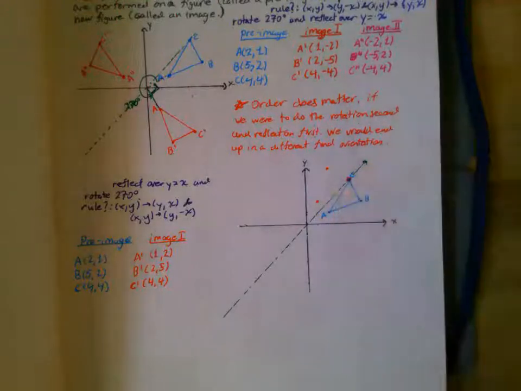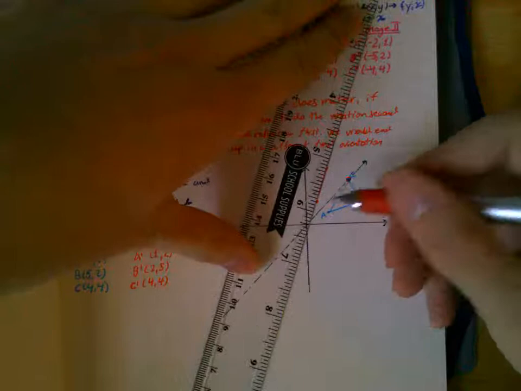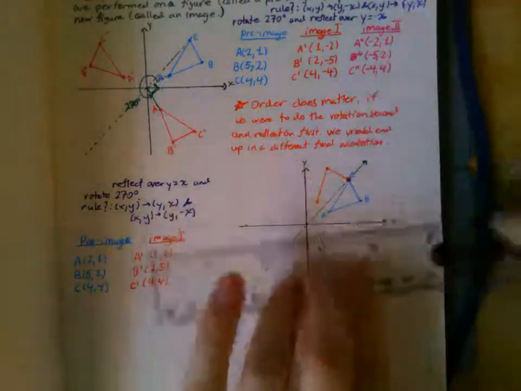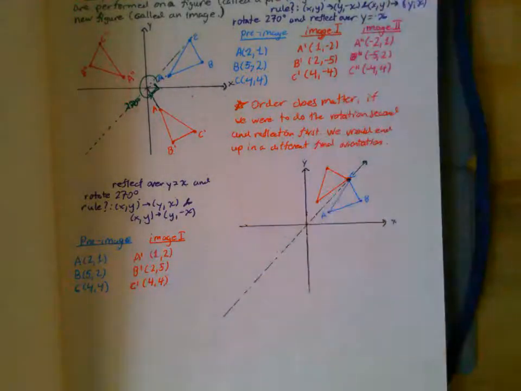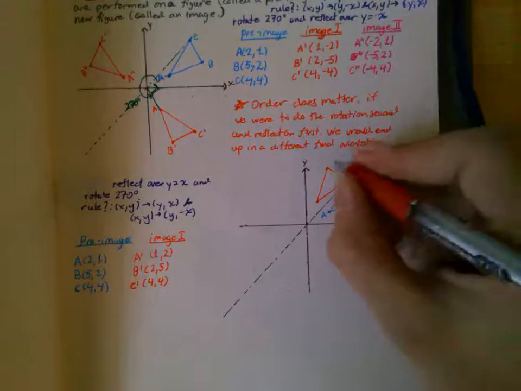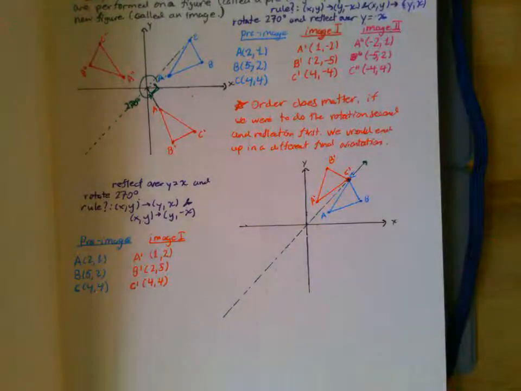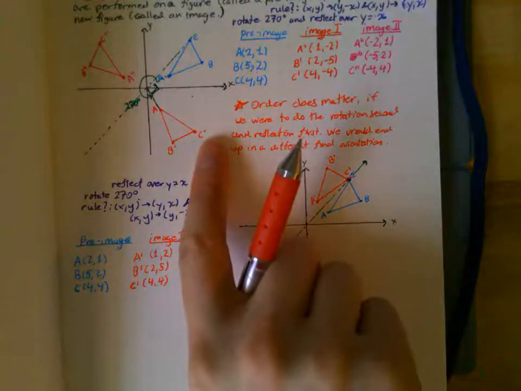There we go. And then if we go ahead and connect the points. There we go. C prime, B prime, and A prime. You can already see something is not right. We are not in the same position as our first step here.